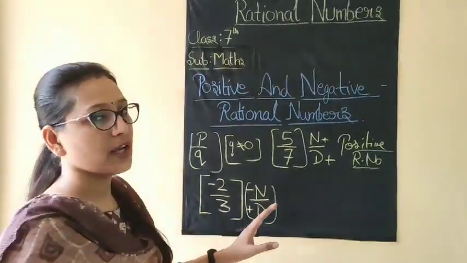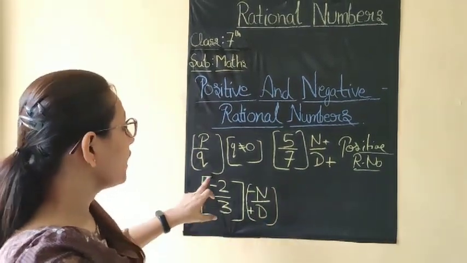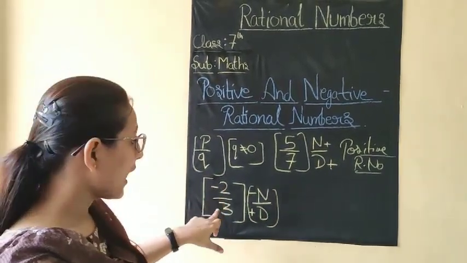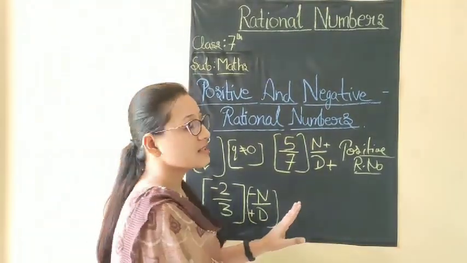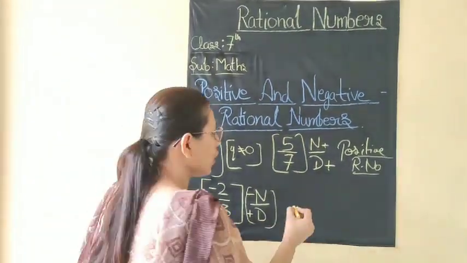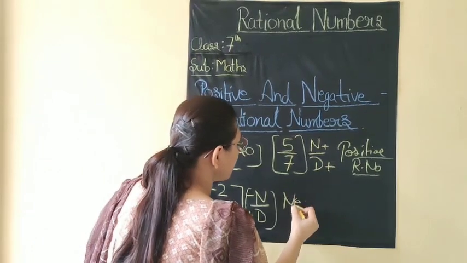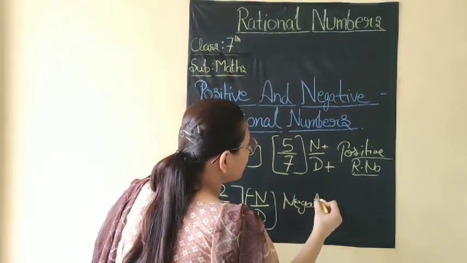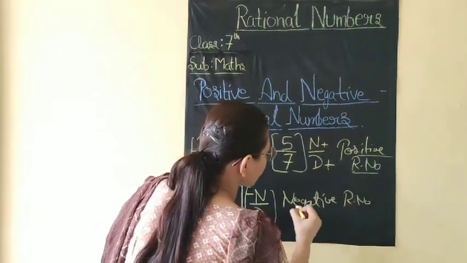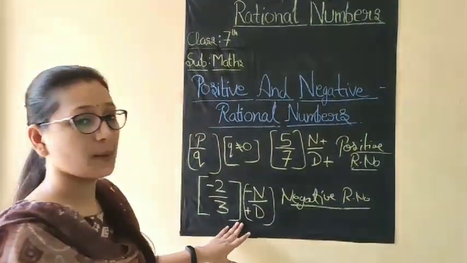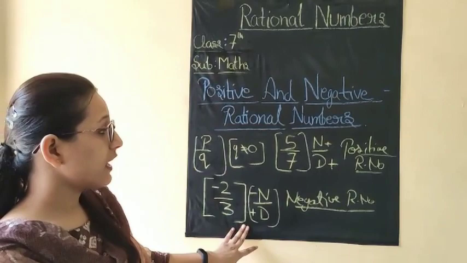If a rational number has a negative numerator and a positive denominator, such types of rational numbers are called negative rational numbers.